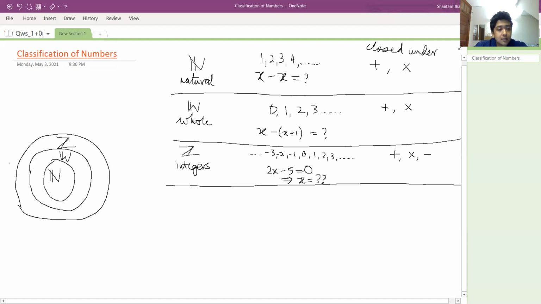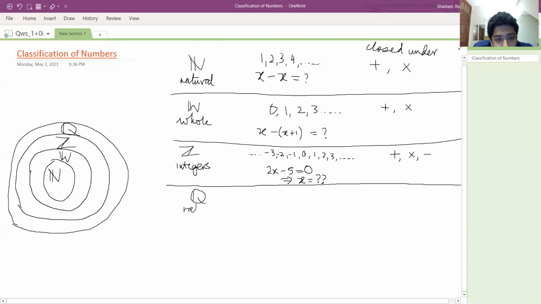And the set that is closed under division, that includes the fractions, is called rational numbers. I'm getting ahead of myself. It's called rational numbers. So Q is the set of rational numbers, and they can be written in the form of fractions.